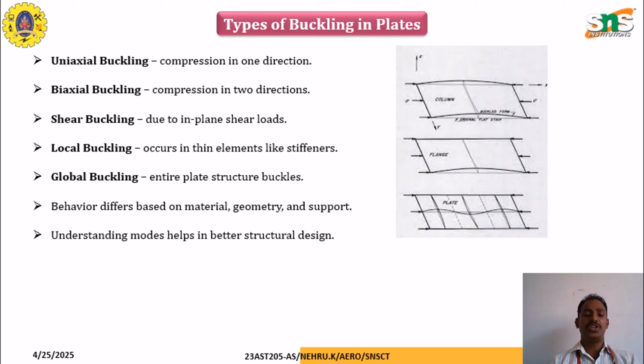In-plane shear loads cause shear buckling. Local buckling and global buckling occur in thin stiffened elements. These are behaviors in different materials, geometries, and support conditions under different modes, which help us understand how to design structures better to avoid buckling in plates.